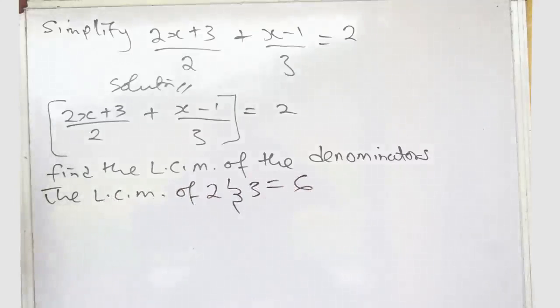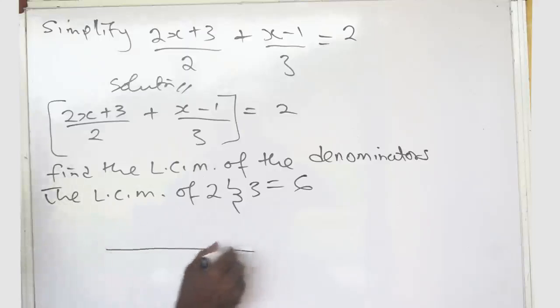I also have a video that has to do with LCM. In case you don't know LCM, go to my channel on YouTube to watch it. I also simplify it anyway. Alright, so the LCM, you draw a line and put your LCM. The LCM is 6.